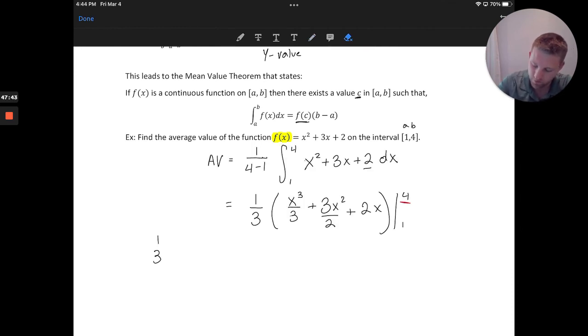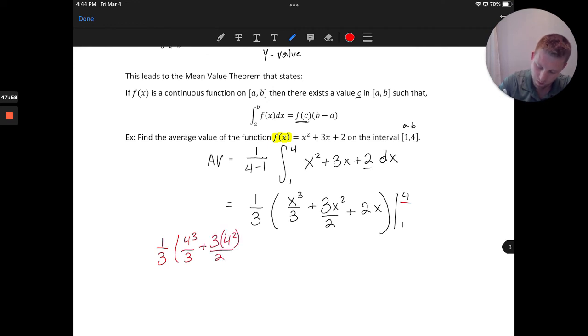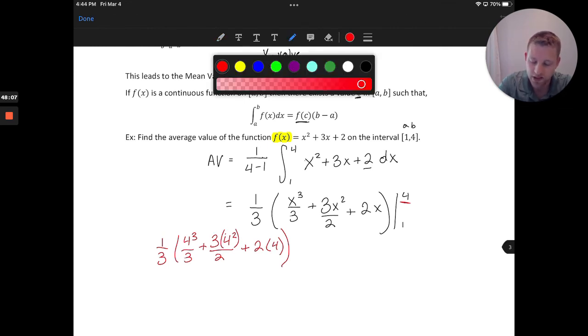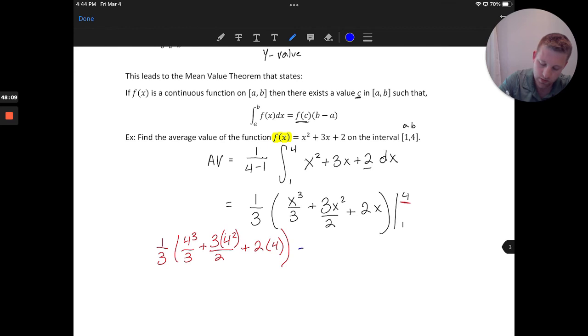So starting with the evaluation at 4, we're going to get the 1/3 times 4 cubed divided by 3 plus 3 times 4 squared divided by 2, and then plus 2 times 4. We'll subtract this from the evaluation at 1. So we still have that 1/3 times.